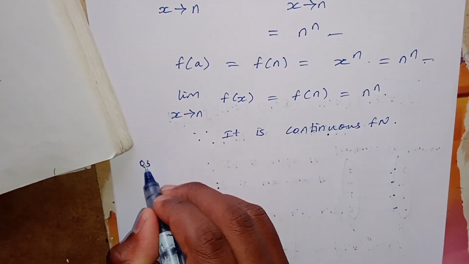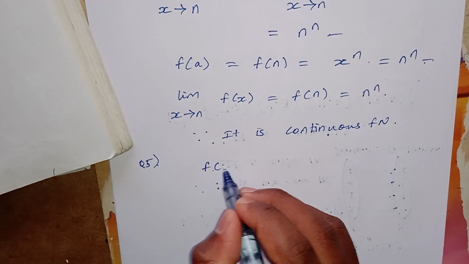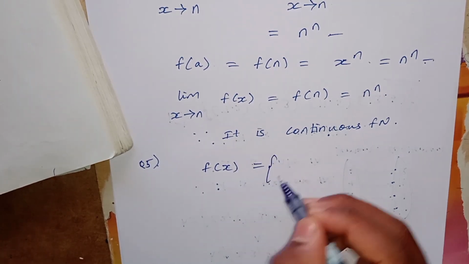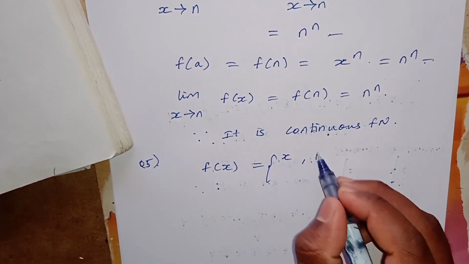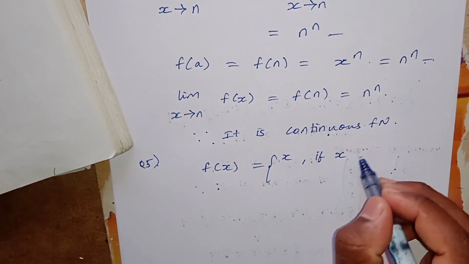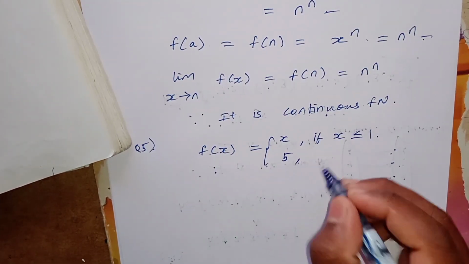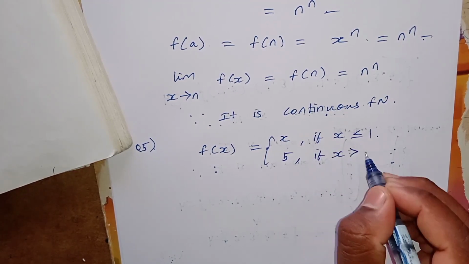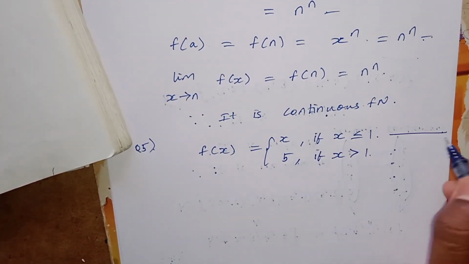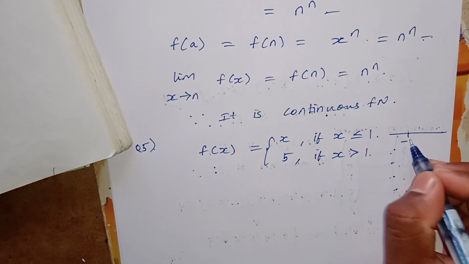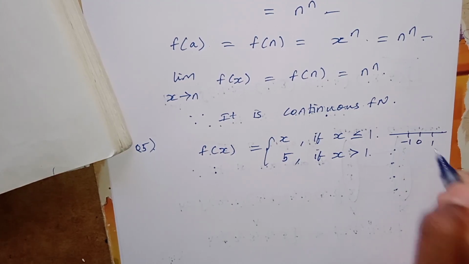question number 5. Given f of x is equal to x if x less than or equal to 1, okay, 5 if x greater than 1. Okay, here minus 1, 0, plus 1.